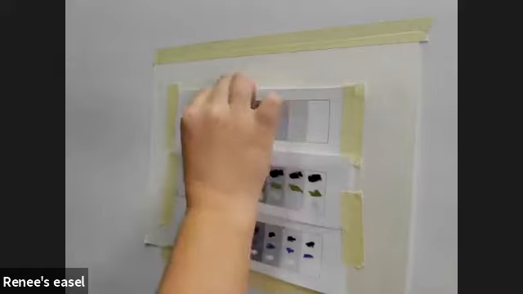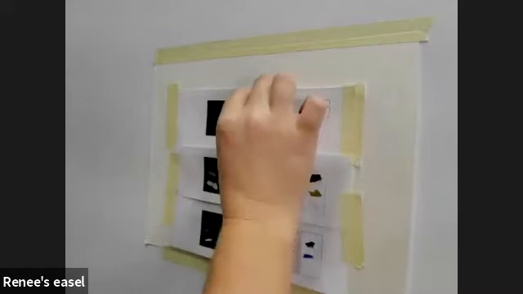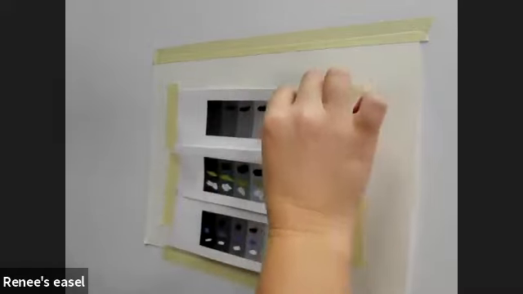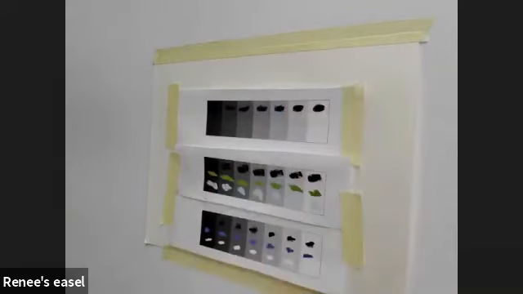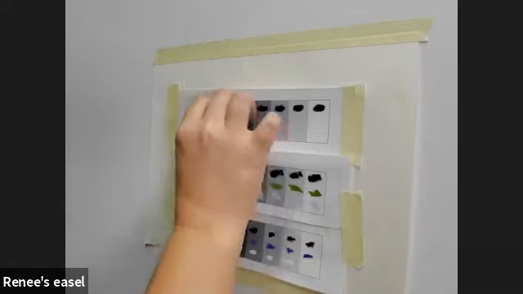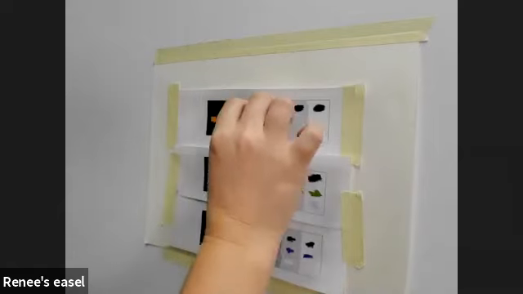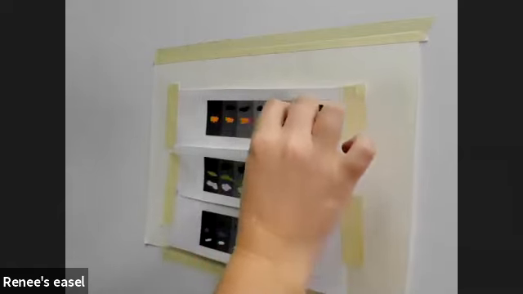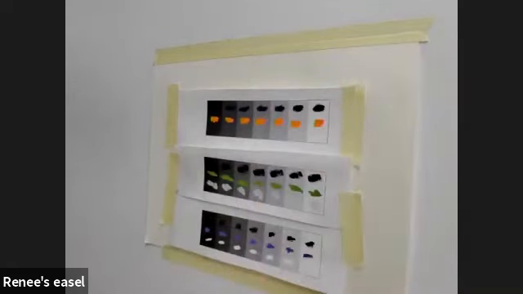So take your dark and make a little splotch all the way across, one in each square or each rectangle. And the same with your medium. And the same with the light.